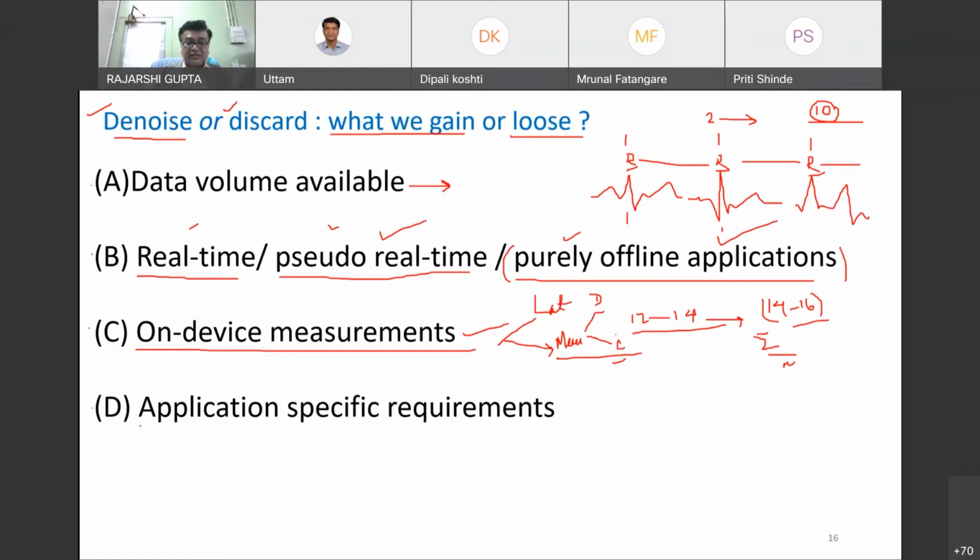The last one is application specific measurements. There are certain applications, like I told, in soft sensing applications, we take one measurement and from that measurement, we infer some other measurement. A very prominent example is SpO2 measurements. In the case of SpO2 measurements, we have two sets of LEDs.